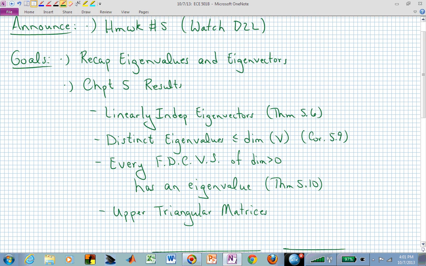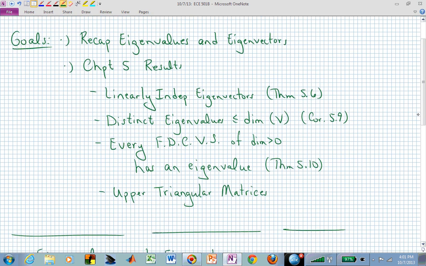Then for every finite dimensional complex vector space, that's the FDCVS, of a non-zero dimension, you can have an eigenvalue. That's not true for real vector spaces, but for complex vector spaces, that is true. That's theorem 5.10. And then we'll get into some results dealing with upper triangular matrices and that special structure. And then we'll specialize that to diagonal matrices.